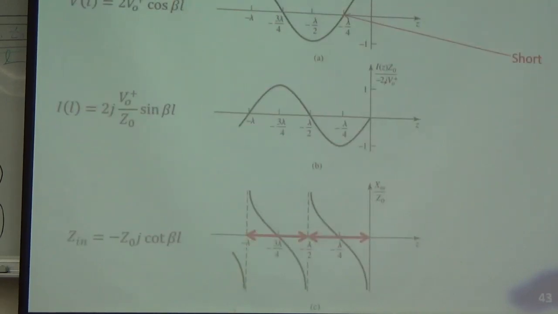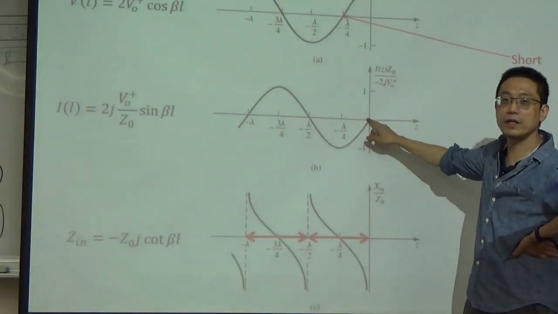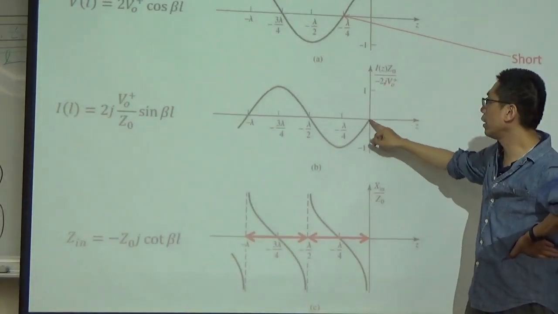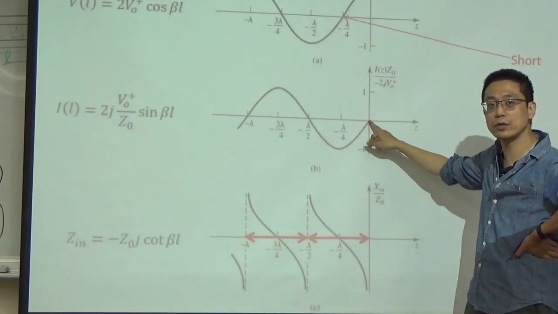So let's look at the figures of these three functions. When you connect to open, your current is 0 at the end, at Z equals 0.